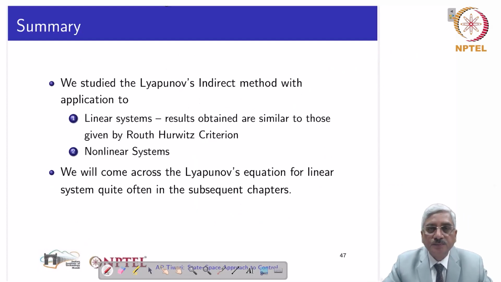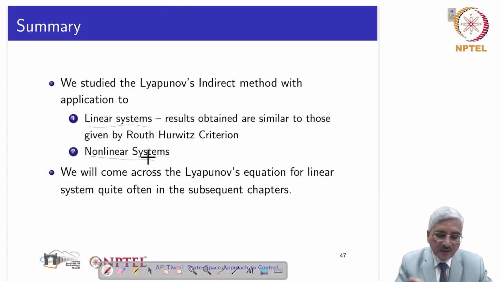We summarize. We have studied the Lyapunov's indirect method here with application first to linear system, and then we extended to nonlinear systems to establish the region of stability around the equilibrium or the origin.